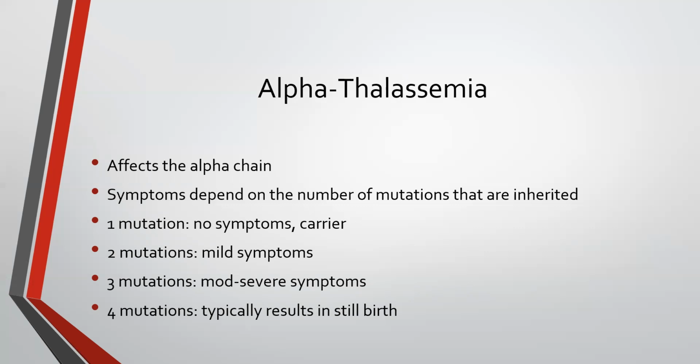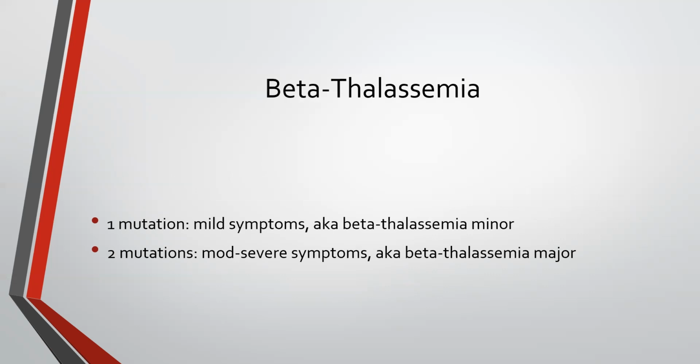And then anything 4 or over is going to result in stillbirth. So greater than 4 mutations is going to be stillborn. Or they may live, they may get through a couple of blood transfusions, but they're quickly not going to live. So either stillbirth or die very soon after birth.